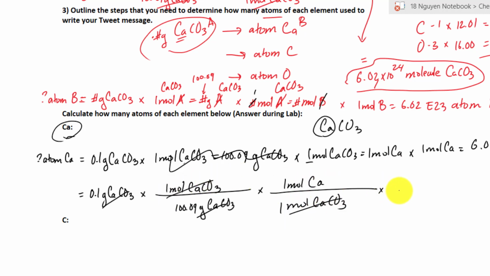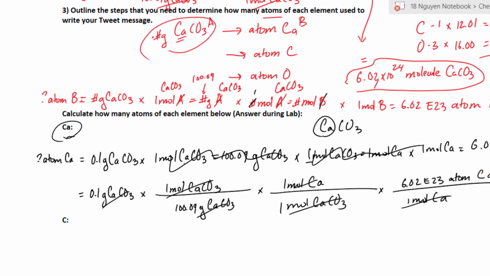Then we multiply the next conversion factor. If this is moles of calcium, down here must be moles of calcium as well, that way they cancel each other out. And on top is the leftover, 6.02 E23 atoms of calcium.